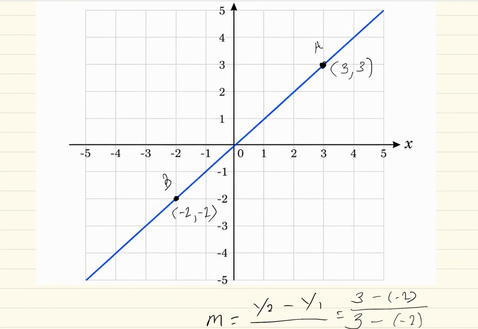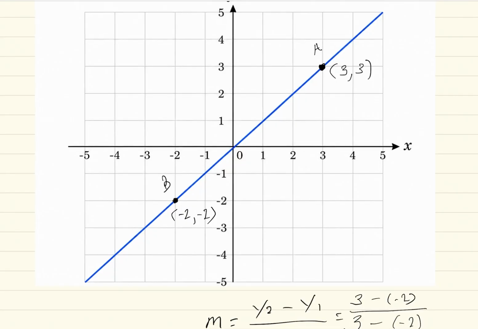And this makes sense because if you look, let's say we start at point B, it goes up 1 and then a run of 1 to the right, and so on. You can see that it goes up 1, right 1, up 1, right 1, rise, run, up to the right. So this is our positive slope.